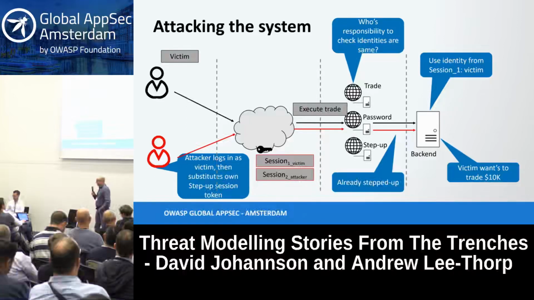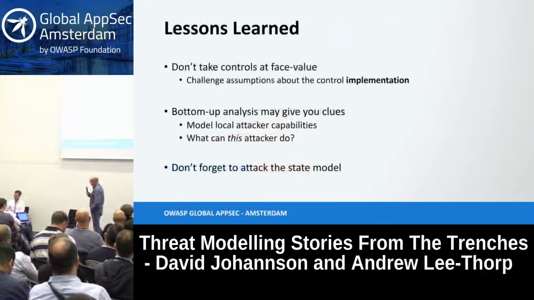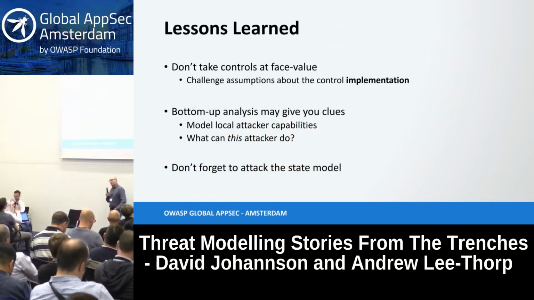So effectively, we've stepped over the step up. We go to the next one. So what can we learn from this one? I would say don't take controls at face value. If someone told you they did a step up, they used OTP, they sent you a challenge, it was signed, and that's a one-time password, don't take that at face value.